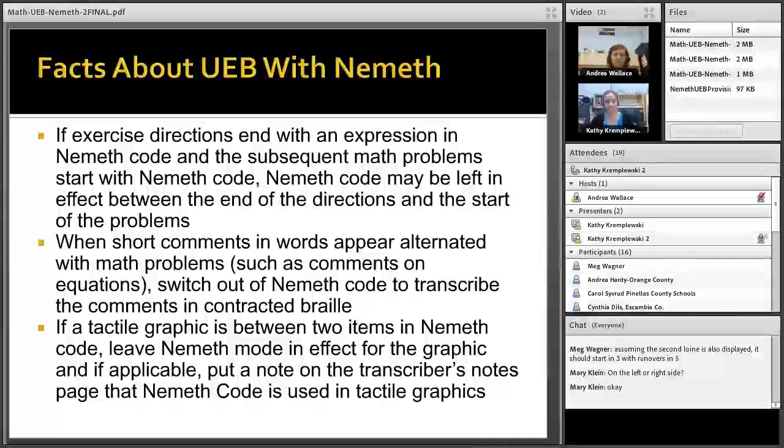And it did talk about tactile graphics. If a tactile graphic is between two items in Nemeth Code, you're going to leave Nemeth mode in effect for the graphics, and if applicable, then put a note on the transcriber's note page that the Nemeth Code is used in tactile graphics. I see someone typing.